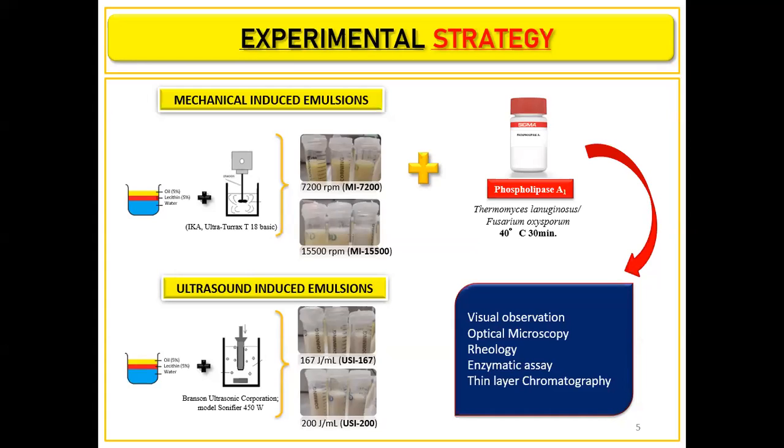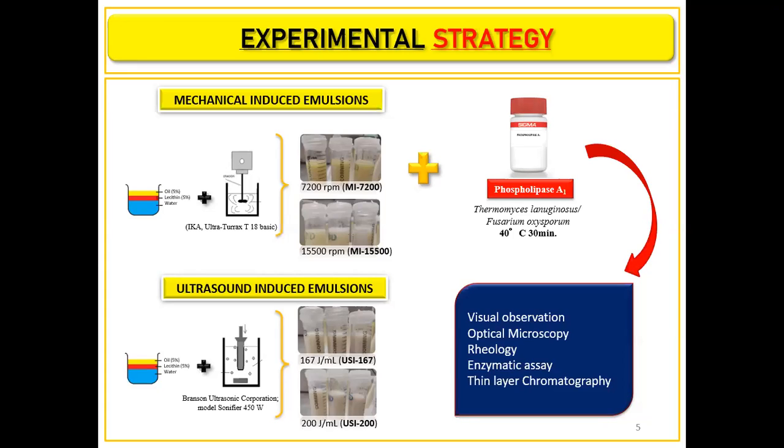And so the aim of this study is to evaluate how a phospholipase type A1 is able to hydrolyze phospholipids arranged in an oil and water emulsion with different droplet size distributions. Here I am presenting my experimental strategy.